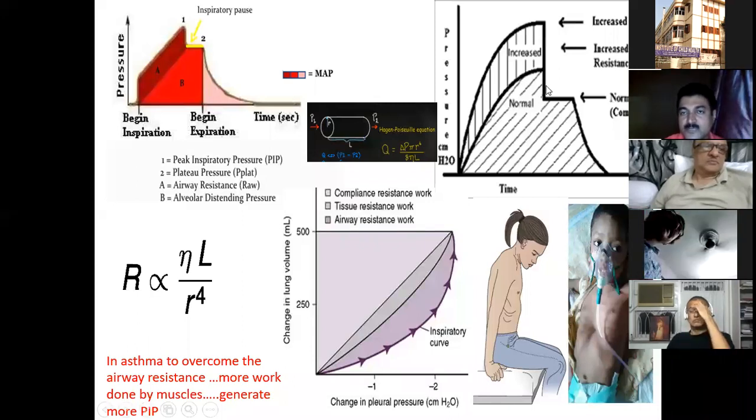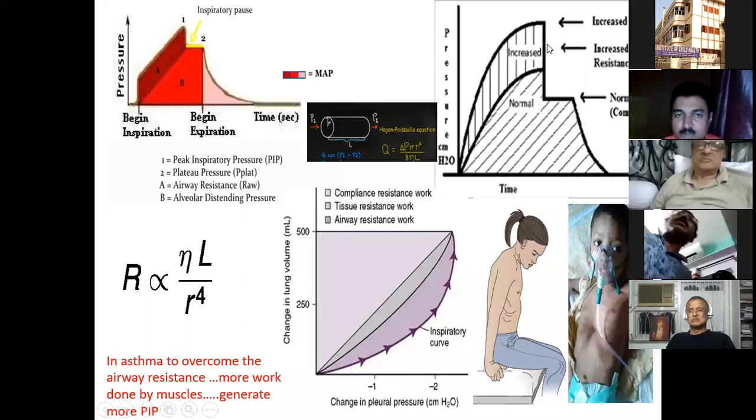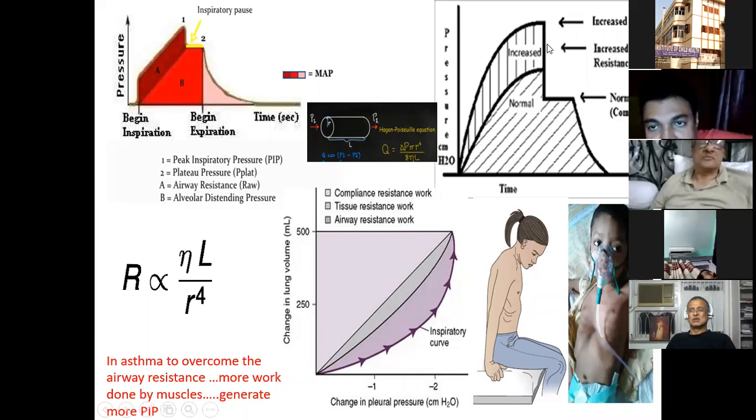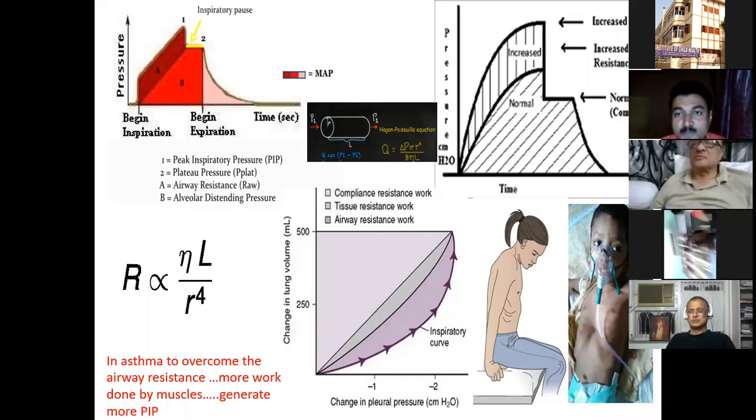So by examining this scalar loop, I can tell that there is some problem in the airway resistance, but the compliance is normal.